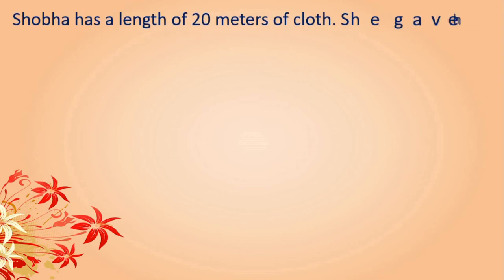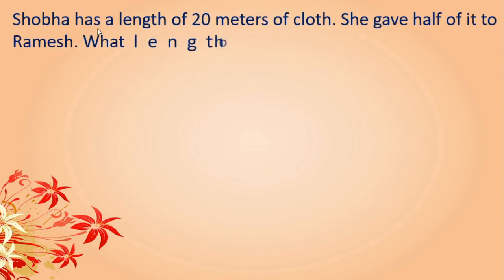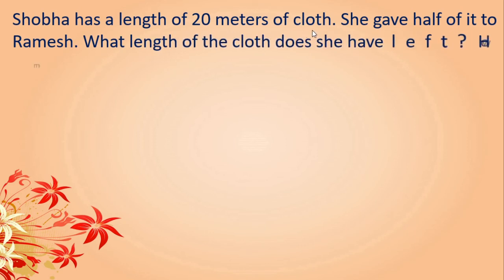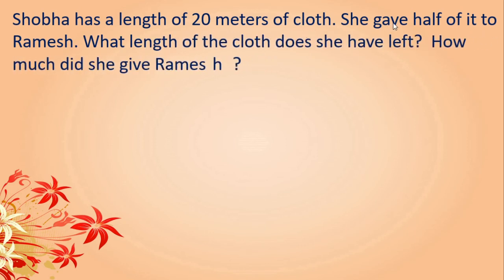Try to think logically. You will get the answer without any difficulty. See, Shobha has a length of 20 meters of cloth. She gave half of it to Ramesh. What length of the cloth does she have left? How much did she give Ramesh?